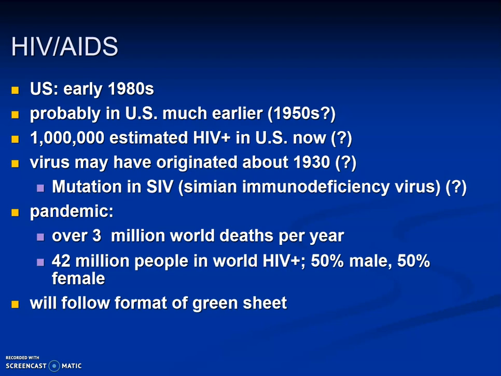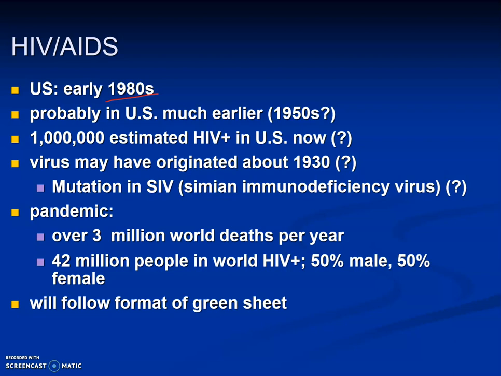In the United States, the earliest cases were in the early 1980s. It was probably much earlier, and if you look at the lecture, you will see some information on that. About 1 million estimated HIV positive cases in the United States now, and it's been stable at this 1 million number for at least a decade or so.